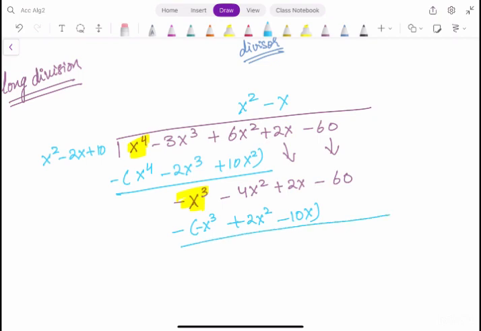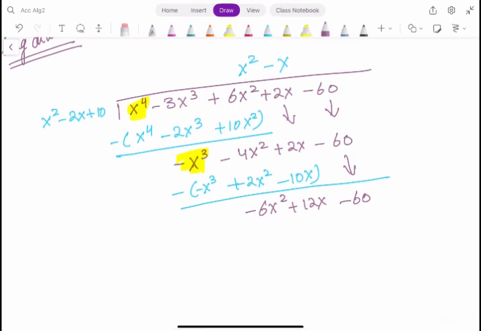And then cancel out negative x cubed. So the leftover is negative 6x squared plus 12x. And at this point, I can bring negative 60 down.